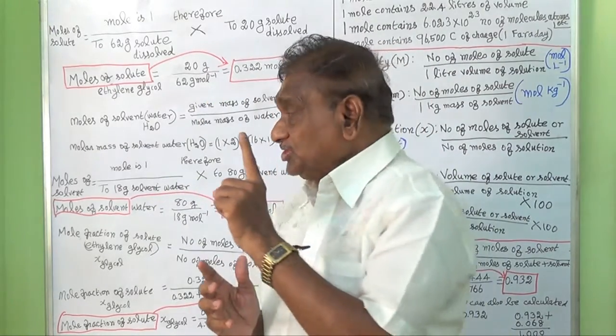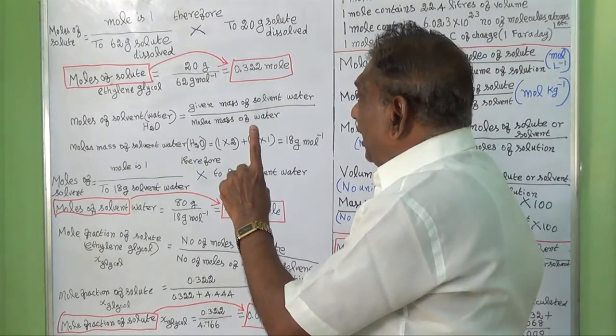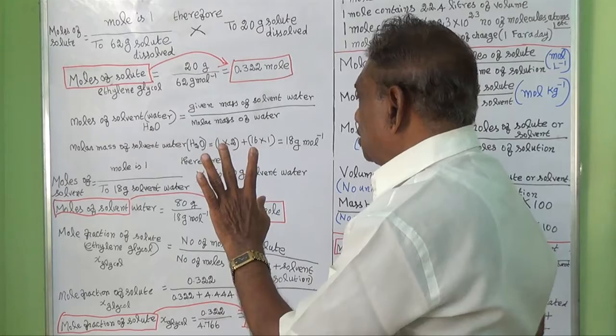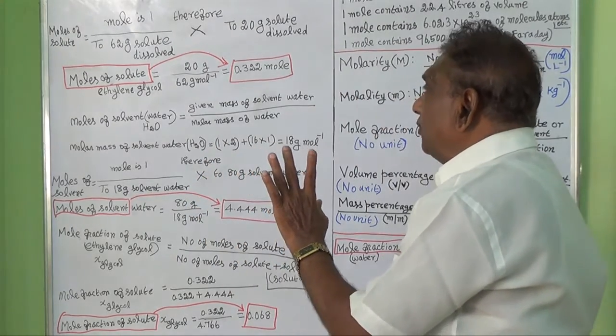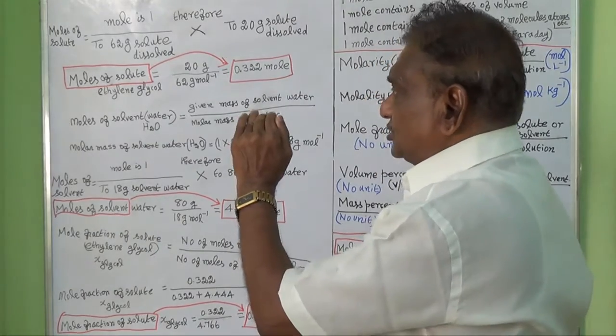We have already seen how we can get the moles of the solute. How can we get the moles of the solute? By the formula, given mass by molar mass.